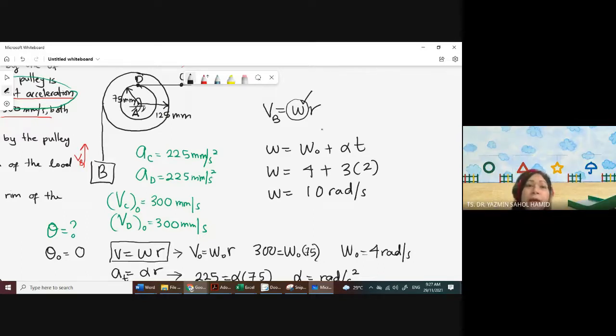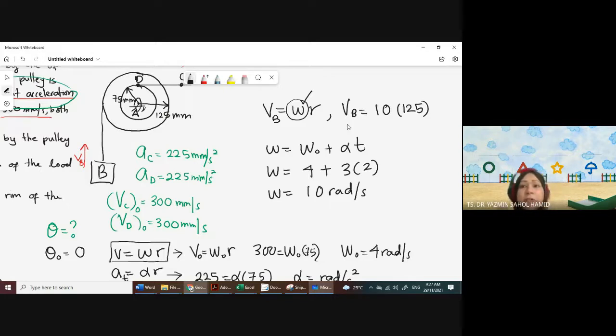4 plus 3 kali 2 berapa? 10. So 10 apa? Rad per second. Okay. So kita dah dapat omega. Kita dah dapat R. Untuk block B, R kita nak pakai apa? Radius inner ke outer? Outer. Yes, outer. So velocity of block B equals to, omega kita adalah 10. And then R kita adalah berapa? 125, betul tak? Okay.